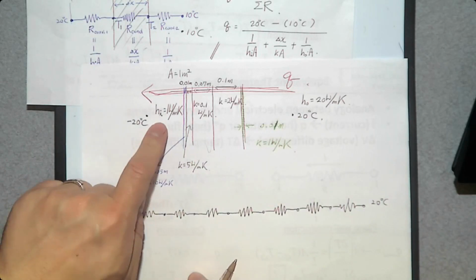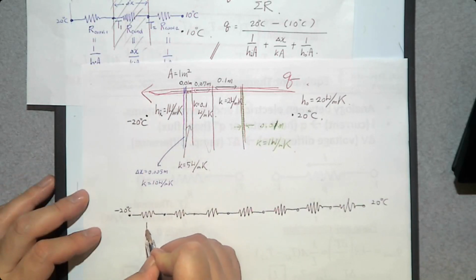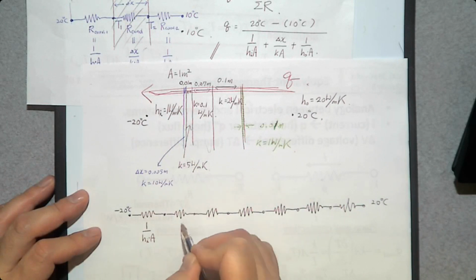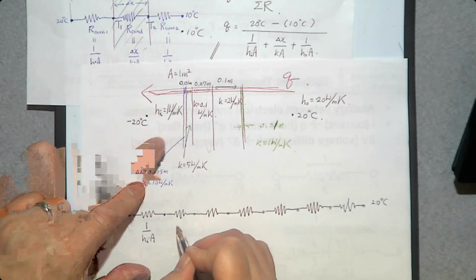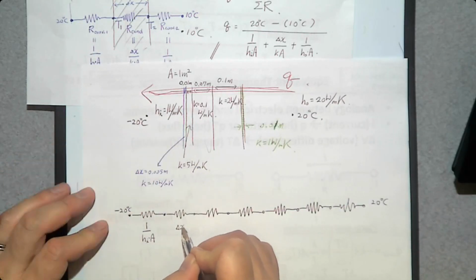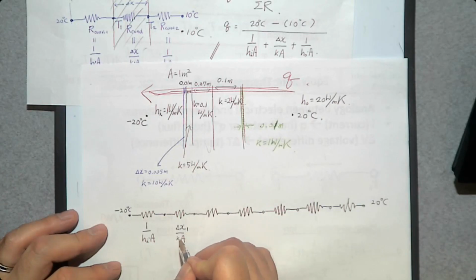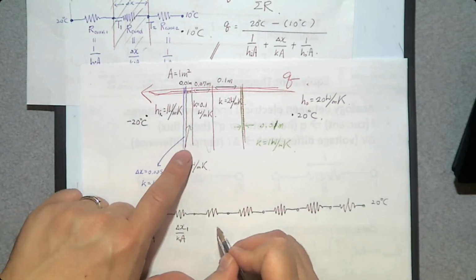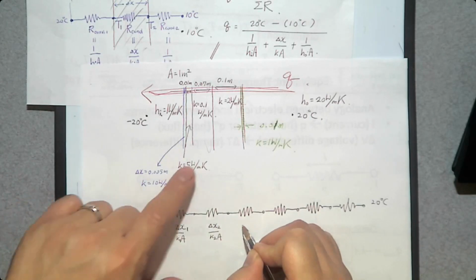Then what is the convection heat transfer resistance? The convection resistance is 1 over Hi times area. And what about the conduction resistance through this blue paint? Delta X over KA. So this is the blue paint, I'm going to say number 1. And we have a drywall, delta X number 2 over K number 2 times A, and we have what?